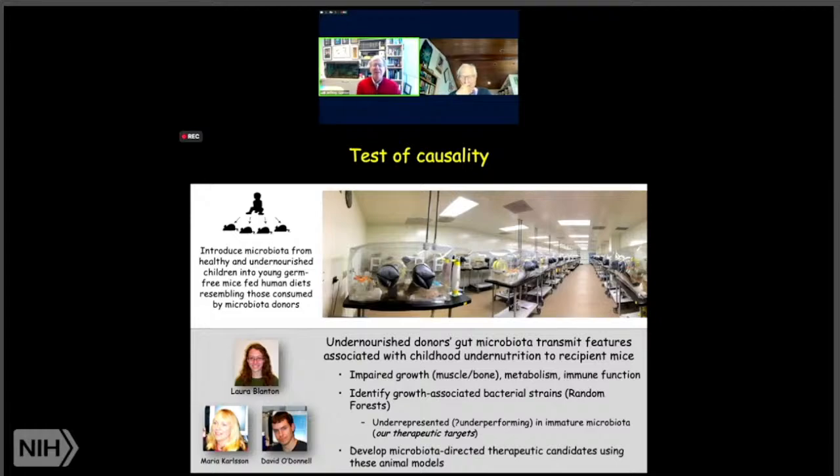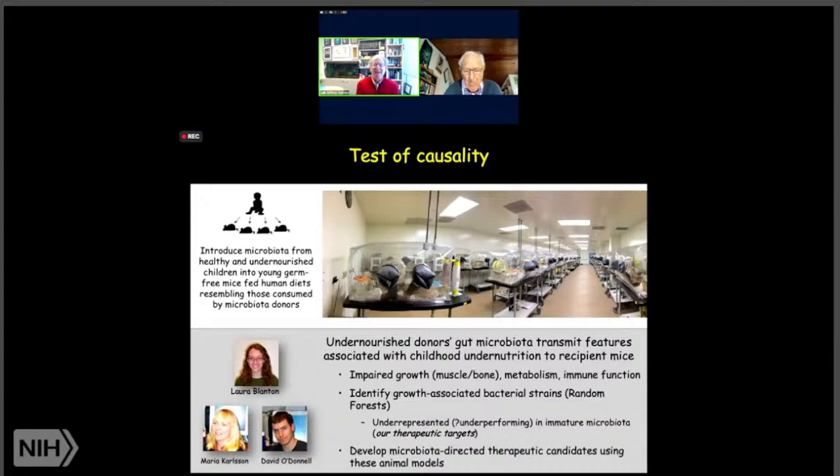Each fecal sample from these chronologically age-matched individuals was transplanted or introduced into the intestines of young germ-free animals. So basically, several animals received the microbiota of a given individual, and several microbiota were tested in this fashion from healthy versus undernourished donors.